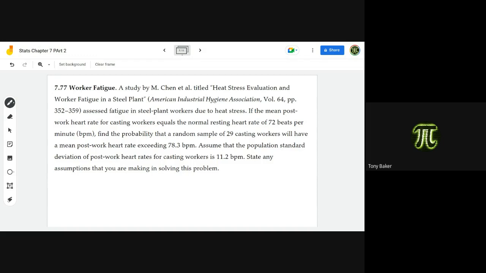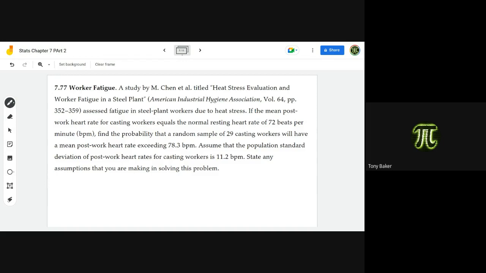So if you think about it, what is this study trying to do? We're now getting to the point where we actually are using the stuff that we've been talking about. It's not just theoretical in the situation. What are they trying to do in the study? What's the title of it? Worker fatigue. So they're trying to show that this group of workers is more fatigued than they should be.